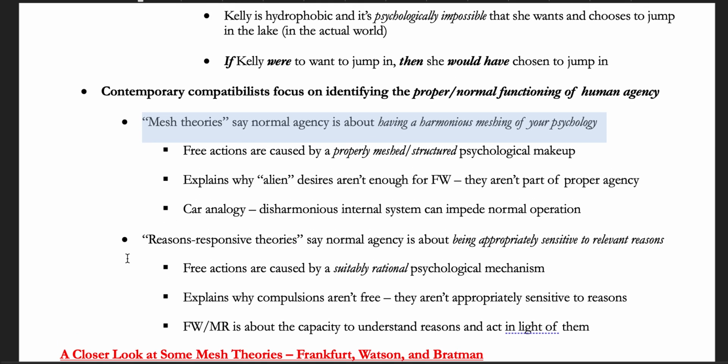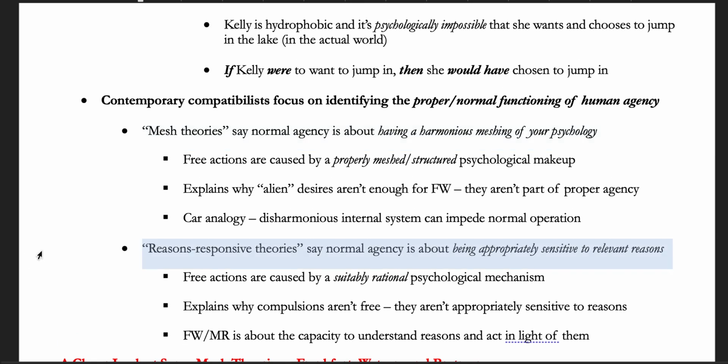Okay. Now, reasons responsiveness theories are focusing on something a little different. They still focus on proper or normal functioning of a human agent, but instead of a harmonious mesh, they say that normal agency is really about being sensitive to the right reasons and being appropriately sensitive. Obviously being sensitive to reasons comes in degrees.